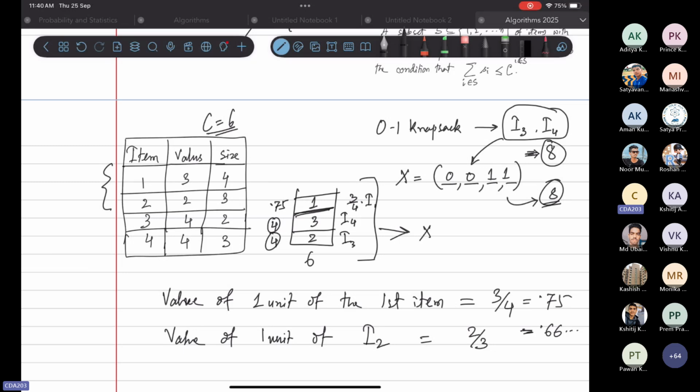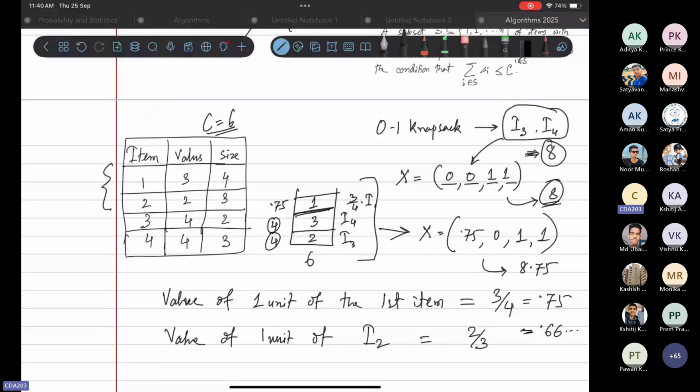How should I express this in terms of the vector? Vector will be 0.75 of the first item, 0 for the second item, 1 for the third item, and another 1 for the fourth item. What's the value of this? Whatever we had earlier, so 8.75.